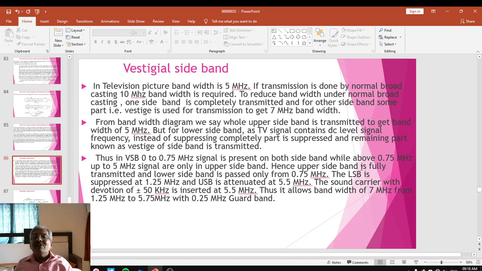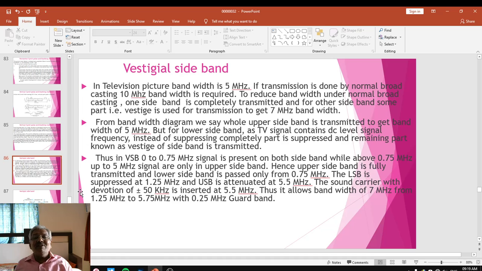That is, the lower sideband is suppressed at 1.25 MHz or the upper sideband is attenuated at 5.5 MHz, where the sound carrier is introduced. The sound carrier with a deviation of plus or minus 50 kHz is inserted at 5.5 MHz. Thus, it allows a bandwidth of 7 MHz with 0.25 MHz as a guard band.